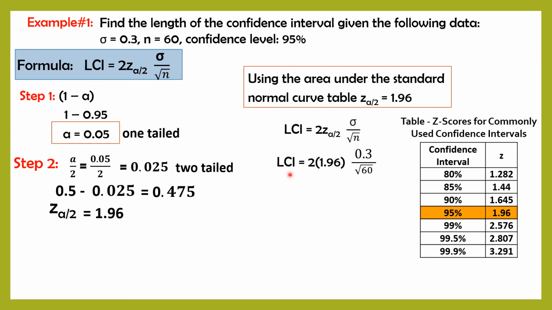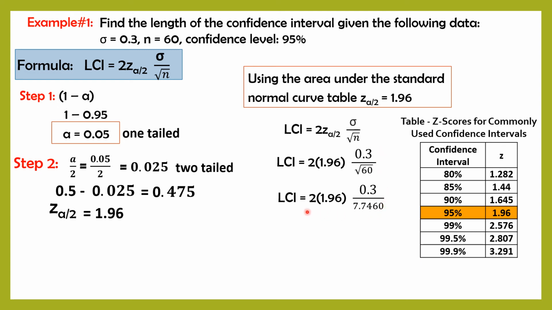So, we'll have now LCI is equal to 2. You just copy 2. Our Z sub alpha over 2 is 1.96. And then, our lowercase sigma, the population standard deviation, is 0.3 over the square root of our n, which is 60, the sample size. Then, let's get the square root of 60 first before we divide.